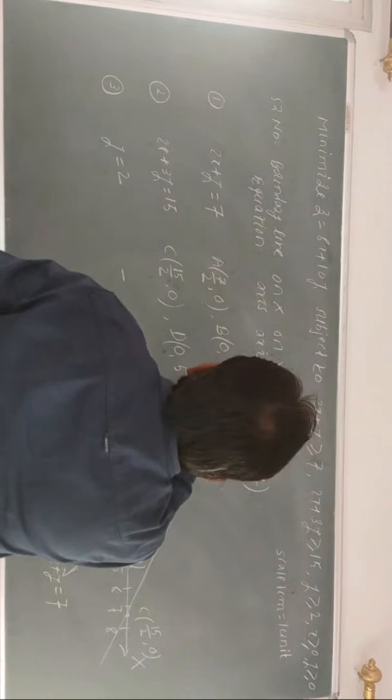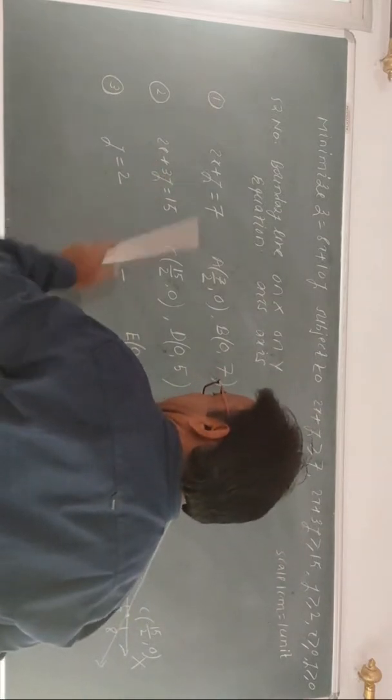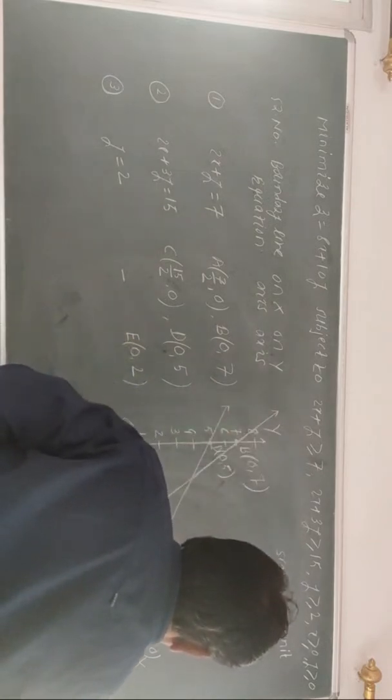This is the boundary line CD, and the equation of this boundary line is 2x plus 3y equals 15.